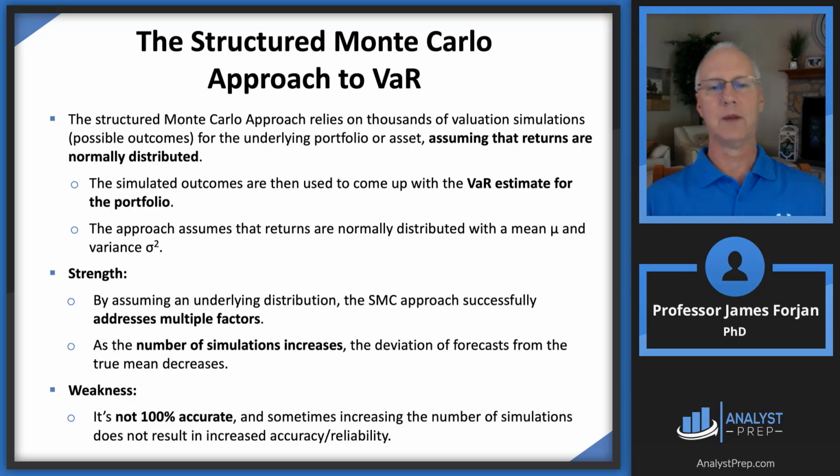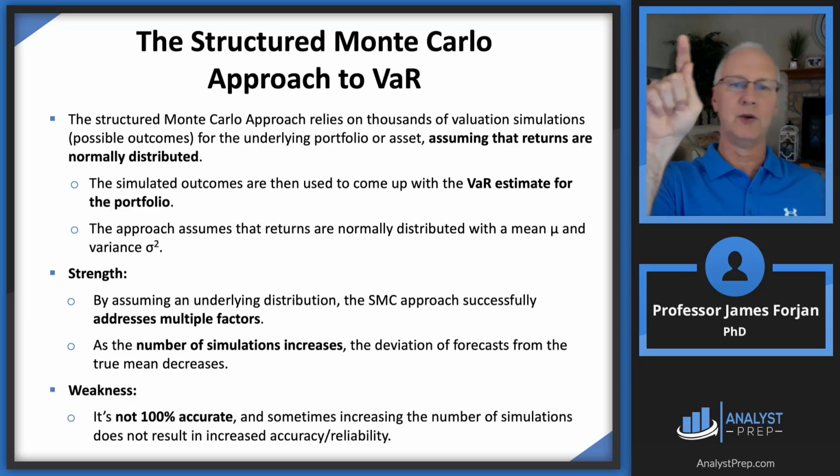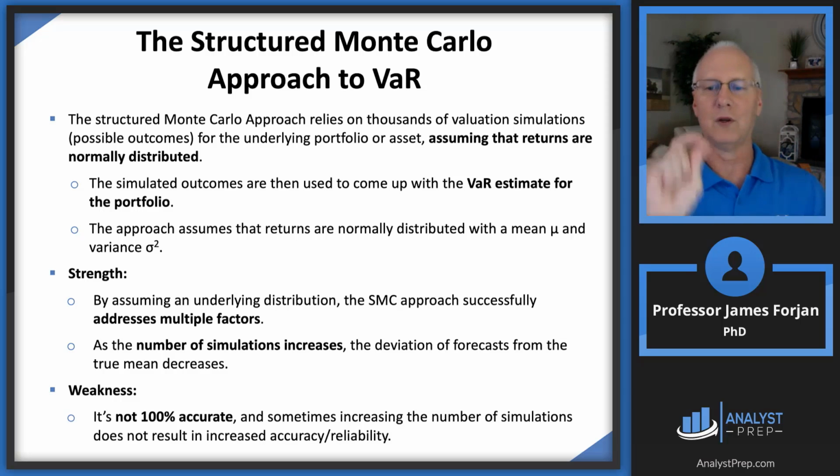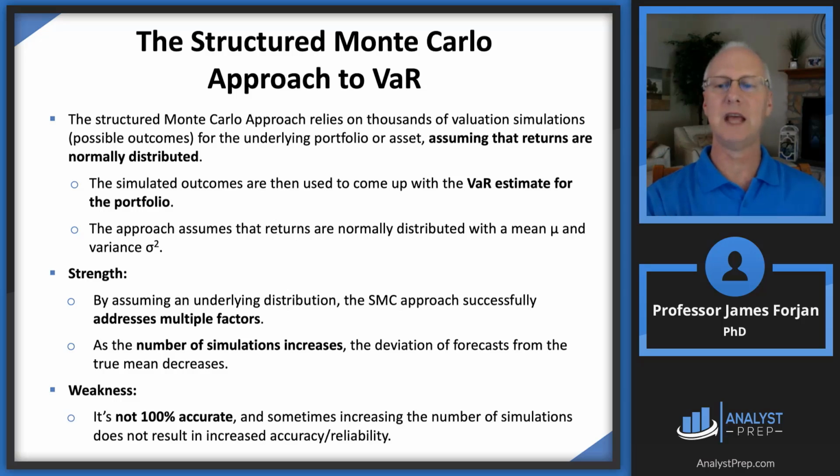Now, what do we like about these things? It's going to successfully address multiple factors. And of course, when the number of simulations increases, our estimate is going to be here, maybe the true value is down here if we do one. But as we increase that, we're going to have all these estimates, and the deviations are going to decrease.